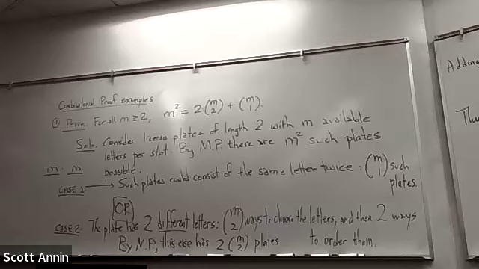Is my handwriting okay? Readable? Okay. Then I just have to add up the cases for what k could be. The size of the committee can't be bigger than the total number of people that you have, but there had better be at least one person there, because you are choosing a president and a treasurer. We could have a committee of size 1, and that person is the president and the treasurer.